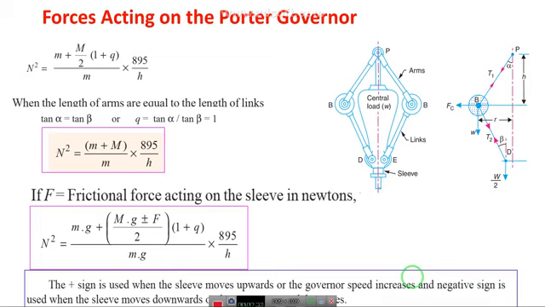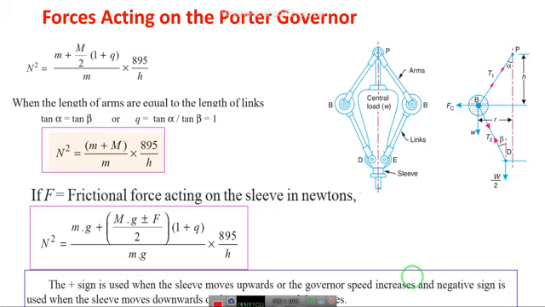If in that case both the length of the arms are equal, means we will get tan alpha is equal to tan beta. So q is equal to tan alpha divided by tan beta, which is equal to 1. So here we can consider N square is equal to (m plus capital M) divided by m into 895 divided by h. Suppose if the frictional force acting on the sleeve, that is in newton, we have to add the force.